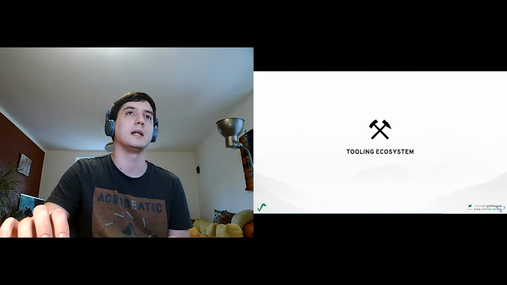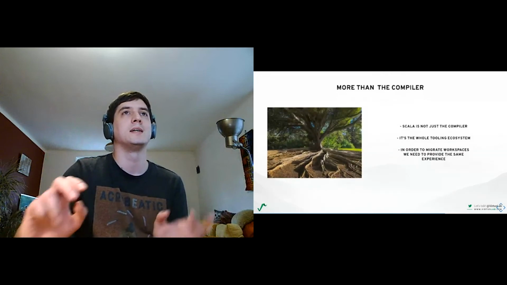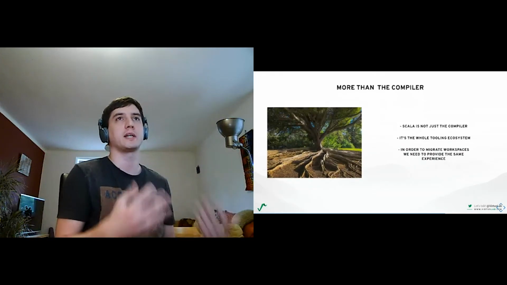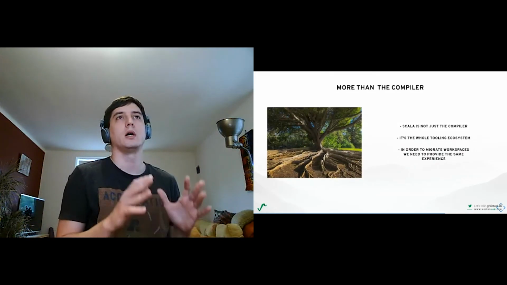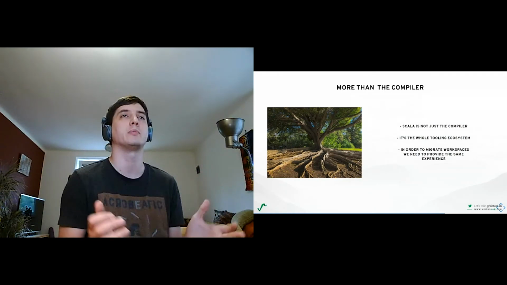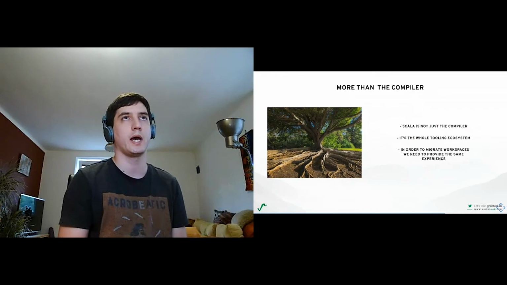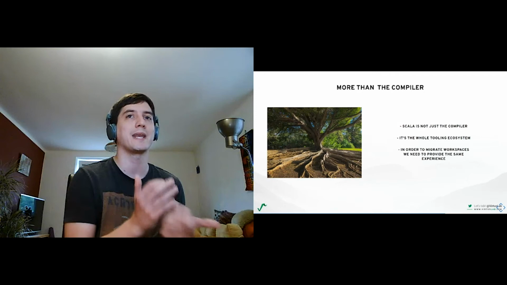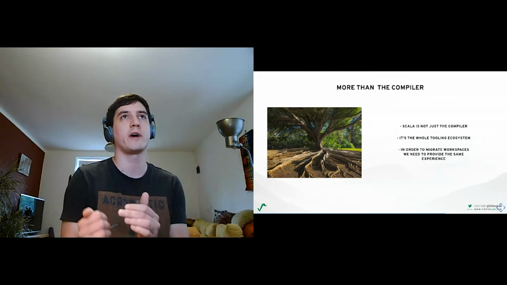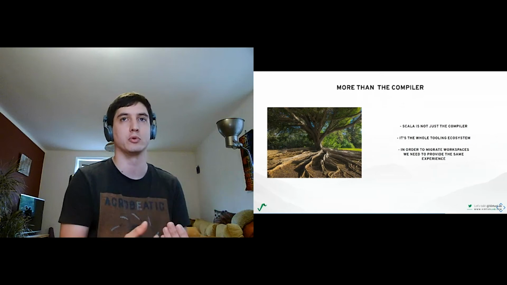But let's talk about the more general tooling ecosystem. Scala is not just the compiler. It's the whole ecosystem of tooling that enables you to have a good experience with the language. And in order to migrate any workspaces, we need to provide the same experience as they would have with Scala 2.